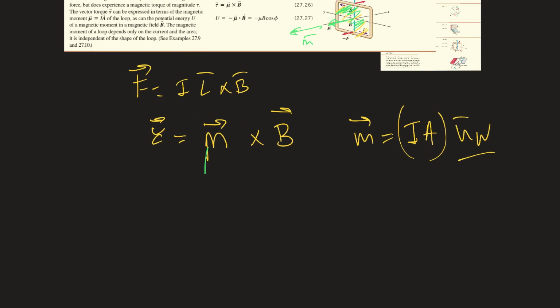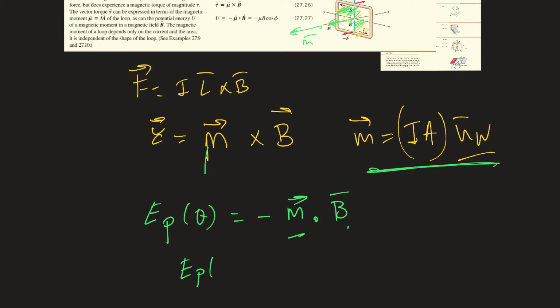So this is the torque, and the potential energy E_p depends on the angle theta, and is minus m dot B, the dot product of the magnetic dipole, this vector, with B. Of course, E_p of theta is minus m B cosine of theta. These are the two equations that you need to know to solve problems.